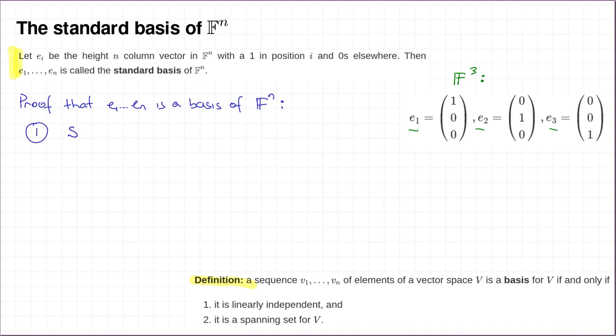So we will start by supposing that we have elements of the field L1 up to Ln such that L1 times E1, I'm going to underline these so we remember that they're vectors, plus L2 times E2 up to Ln times En is equal to the 0 vector. So the 0 vector in F to the n is just the column vector, all of whose entries are 0.